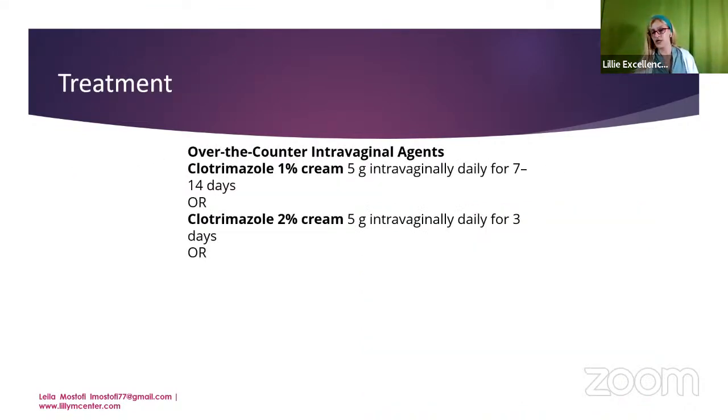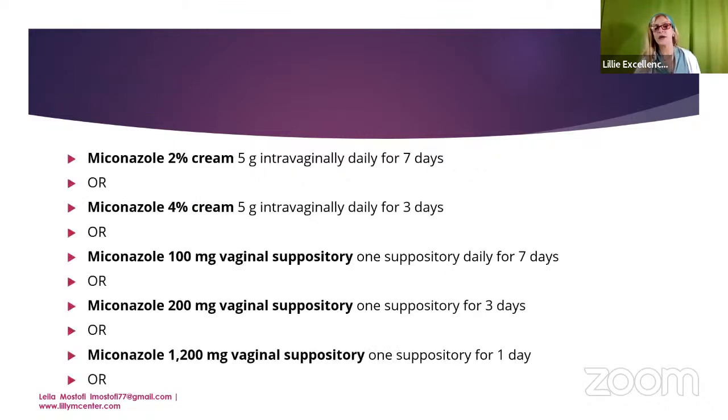And about treatment for candidiasis. If you want to use OTC, over-the-counter intravaginal agents, it is clotrimazole 1% cream, 5 grams intravaginally daily for 7 to 14 days, or clotrimazole 2% cream, 5 grams intravaginally daily for 3 days, or you can use miconazole 2% cream, 5 grams intravaginally daily for 7 days, or miconazole 4% cream, 5 grams intravaginally daily for 3 days, or miconazole 100 milligram vaginal suppository, 1 suppository daily for 7 days.